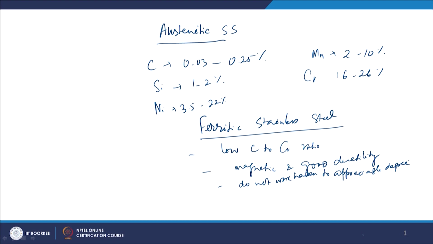Normally, if you come to the composition of the ferritic stainless steel, you have carbon of 0.08 to 0.2%, silicon as 1%, manganese as 1 to 1.5%, and chromium about 11 to 27%.